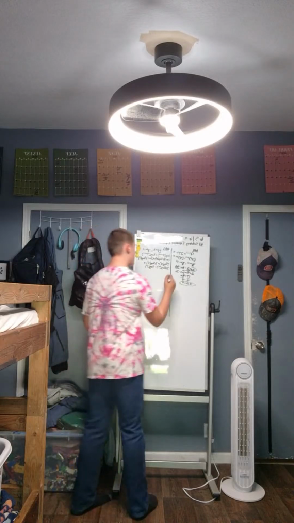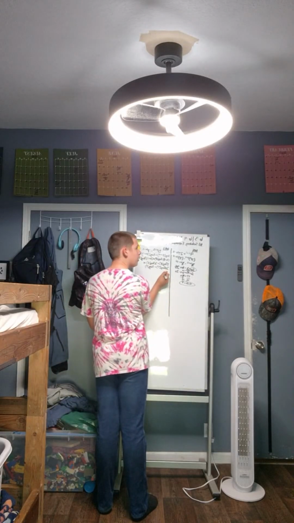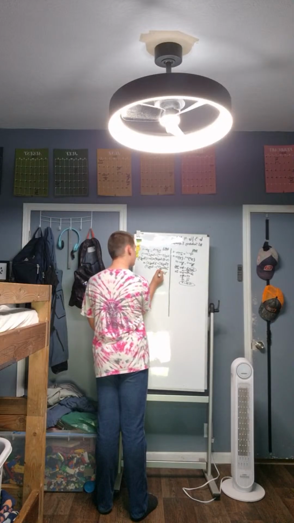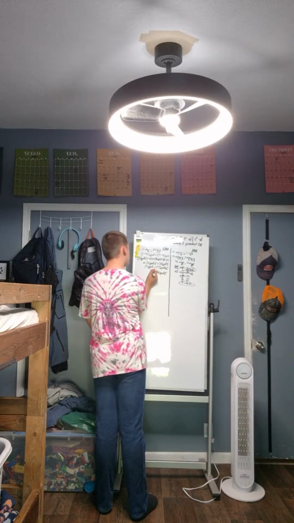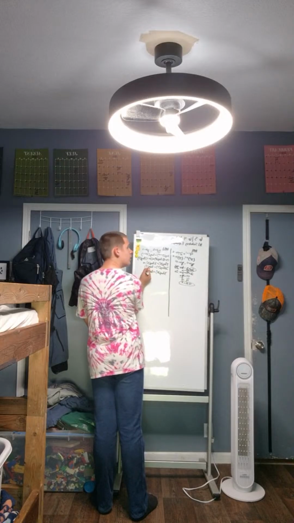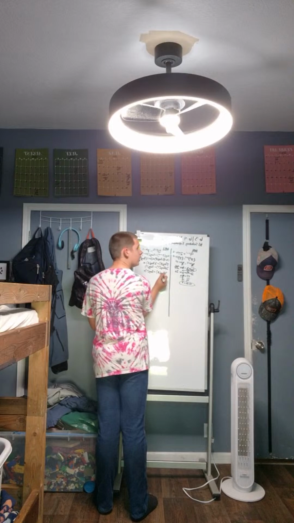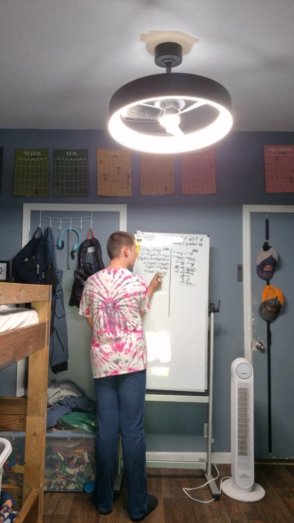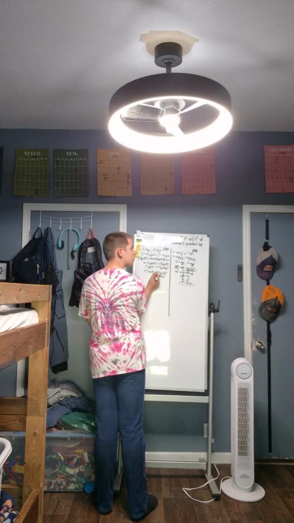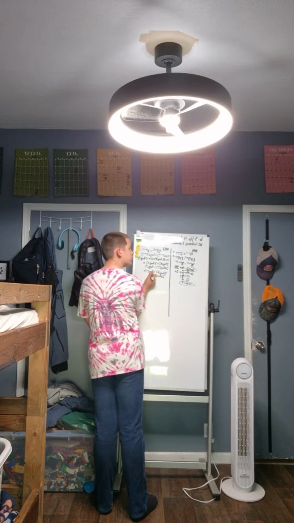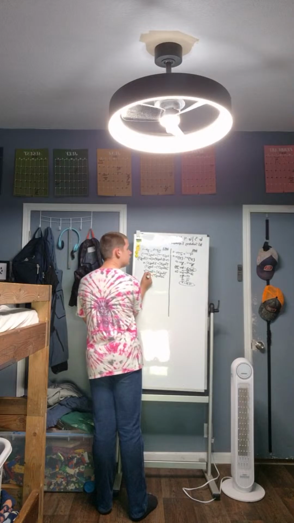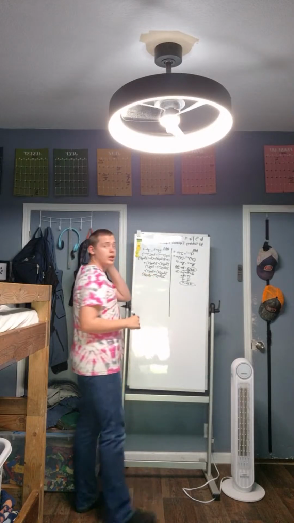And now we're taking 3 log 5 plus log 7 equals 2x log 7 minus x log 5. Oh, we have one more thing.